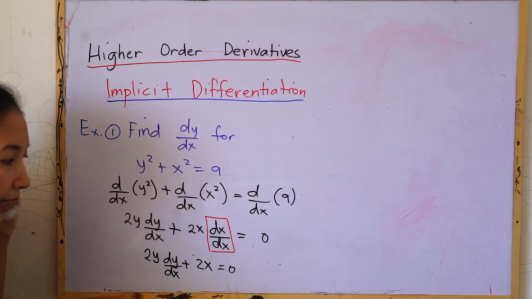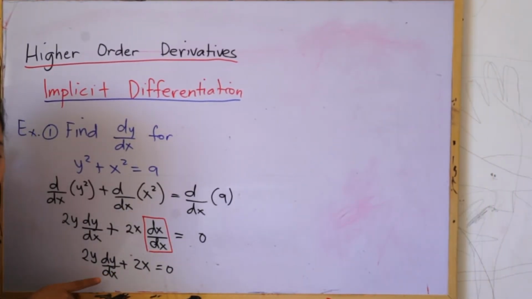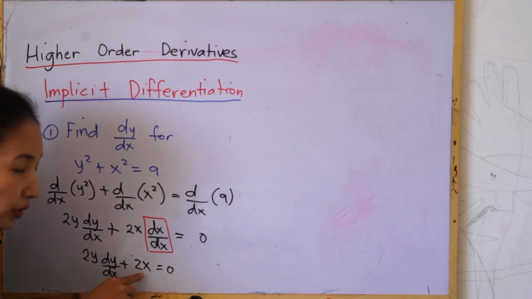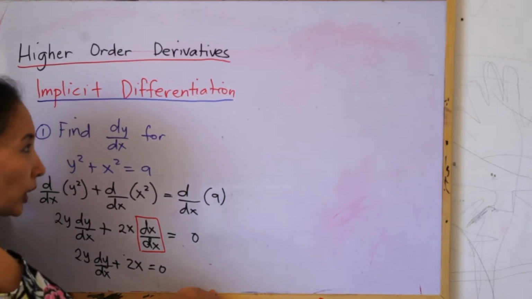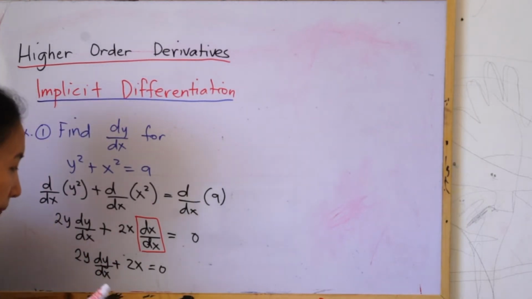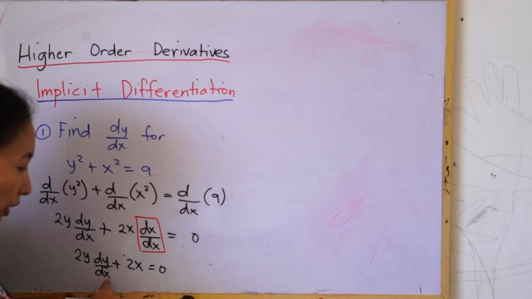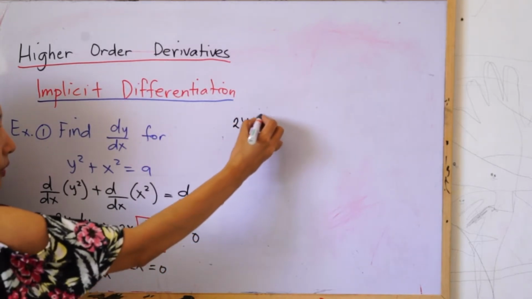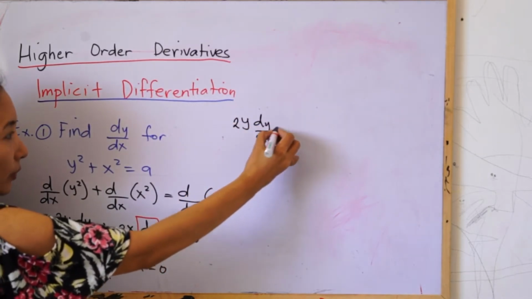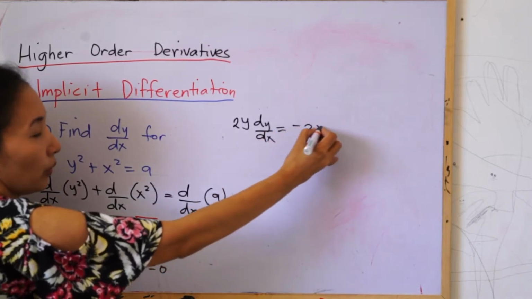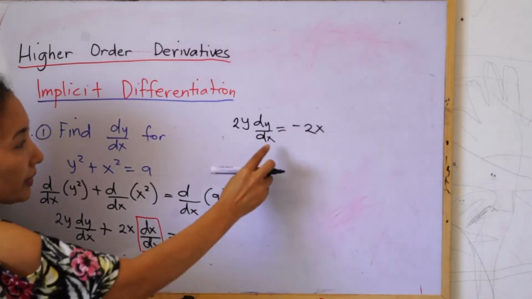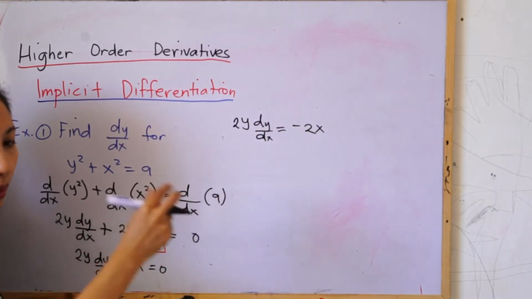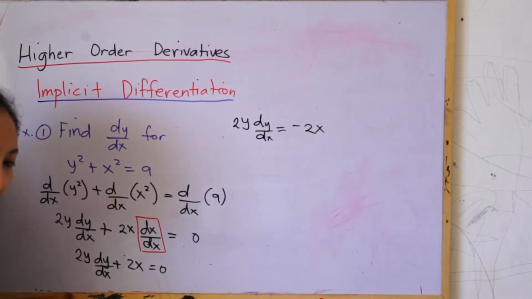Okay? Then, we leave the term having dy dx on the left side, and we move this to the right side of the equation, or applying your addition property of equality. So leave this on the left side. 2y dy over dx is equal to negative 2x. Okay, negative 2x. And then, we have to isolate dy over dx on the left side.